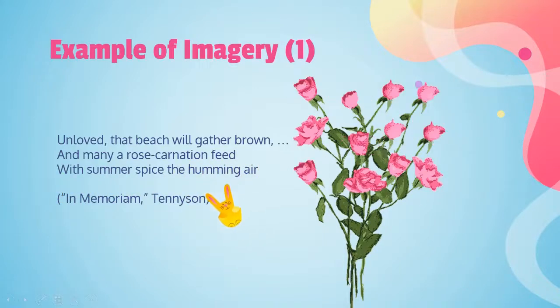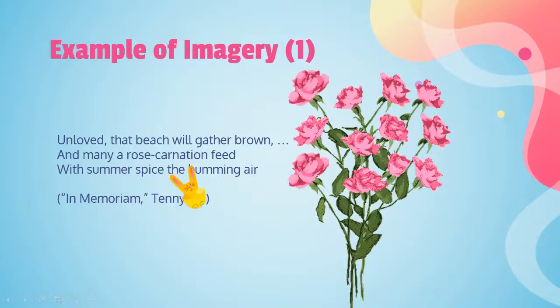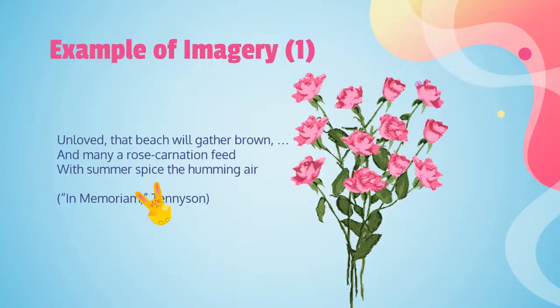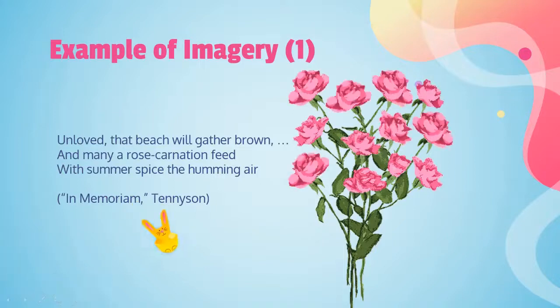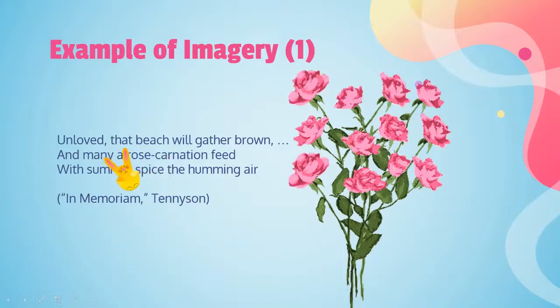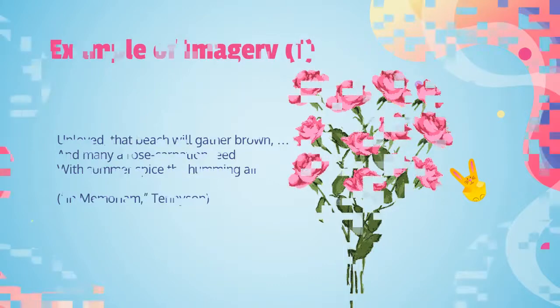The humming air naturally works with the auditory imagery, and the summer spice deals with our gustatory imagery, how we taste food or other things, we have an image of the spice. And the rose carnations, of course, there is an odor, so a kind of olfactory imagery is also involved here.